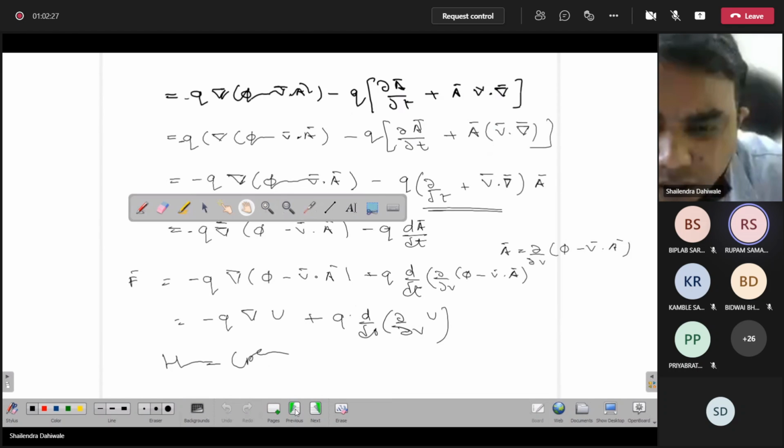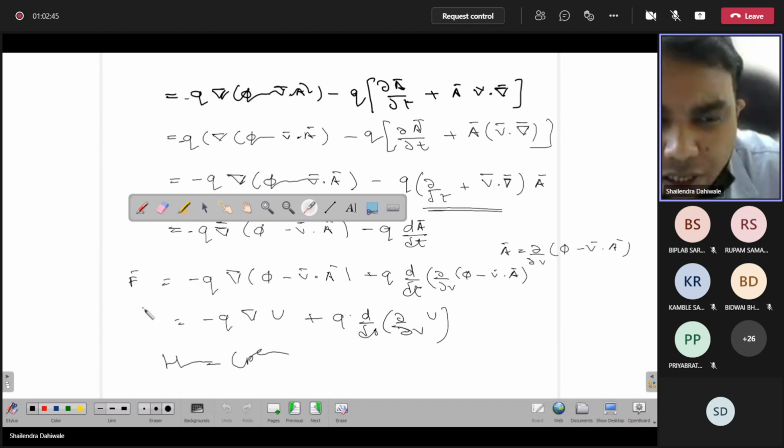The charge q. We can take it within a common bracket, and then we can define it as F by q equal to, yes, the u function should be there. Here q, and there will be a c factor also.